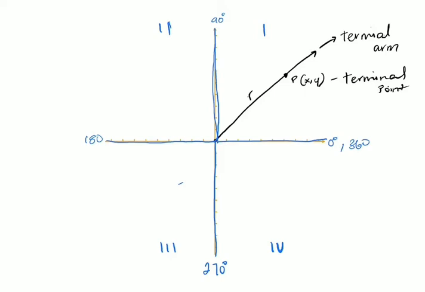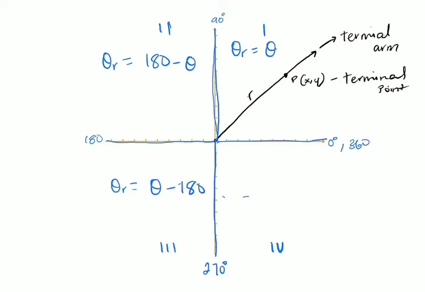Something else that we need to take note of is our reference angle. In quadrant 1, our reference angle, or theta reference, that's how we write it, is the same as theta. In quadrant 2, our theta reference is 180 degrees subtract theta. In quadrant 3, our theta reference is theta subtract 180. Notice that the position is different.